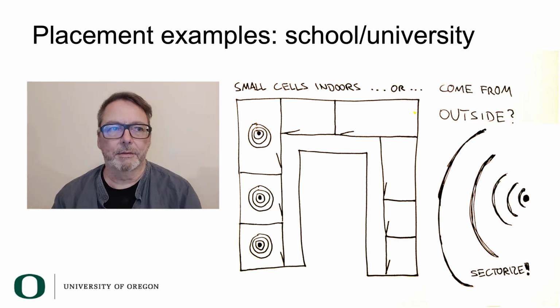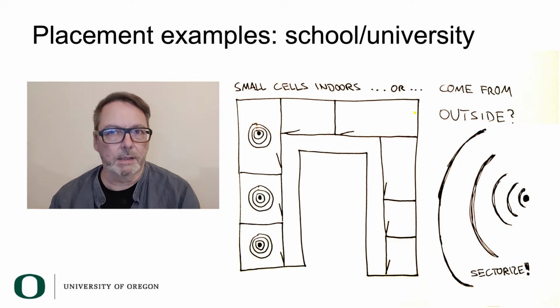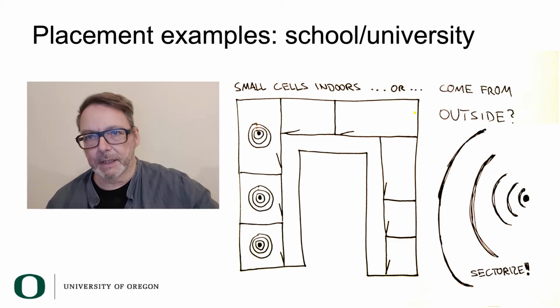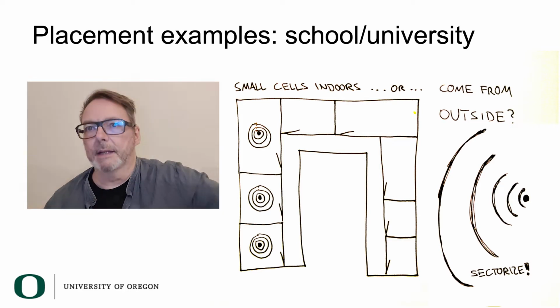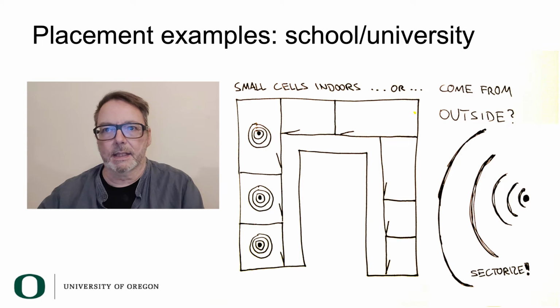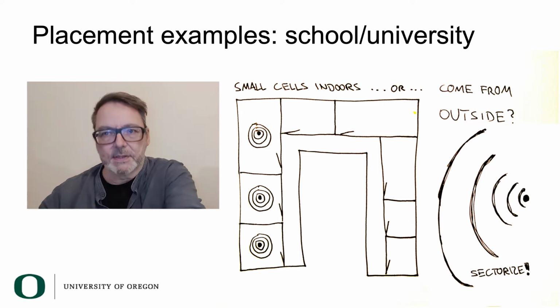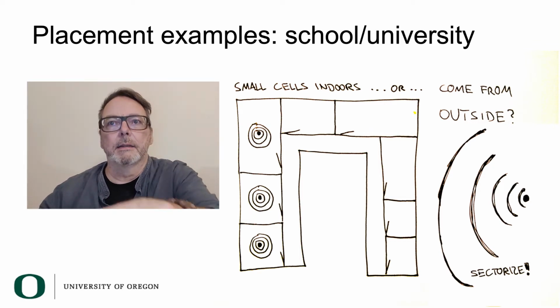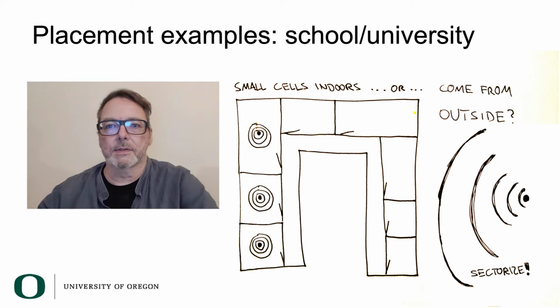Keep in mind though, first verify if your windows are transparent. Windows can be metal coated, and then they might actually be an obstacle for the waves, canceling out a lot of your radio signal. So verify that first. But outside coverage can be an alternative to this many cells indoors approach.